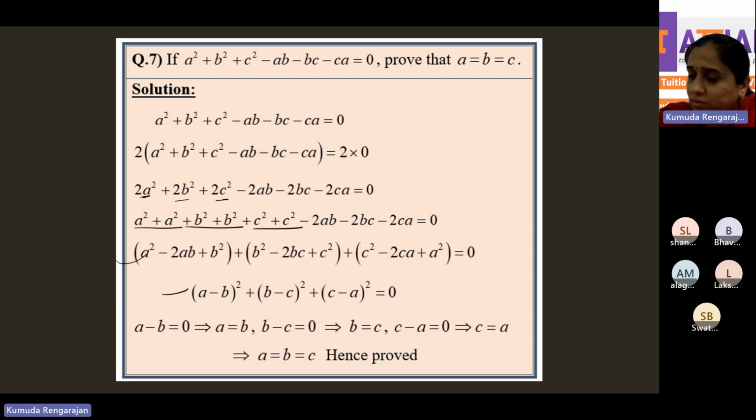Now, what do you understand from this? a minus b the whole square plus b minus c the whole square plus c minus a the whole square is equal to 0. Now, you should understand that a minus b the whole square is positive, because anything squared is positive.